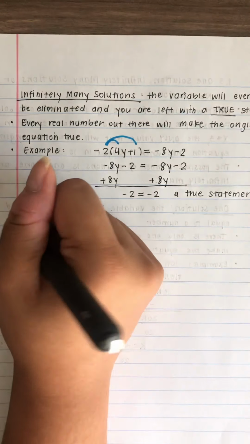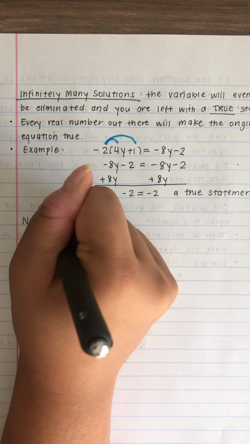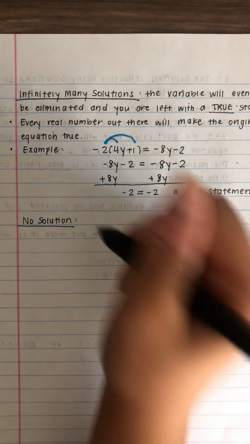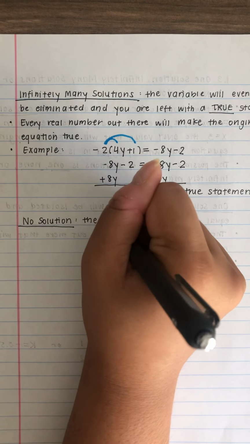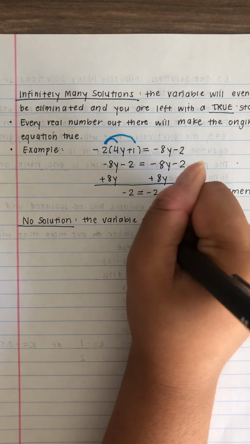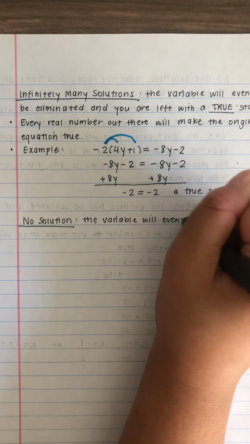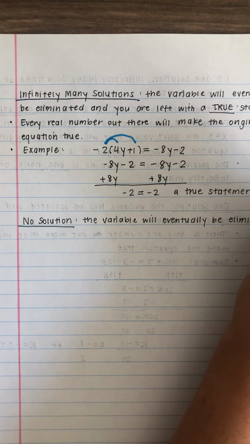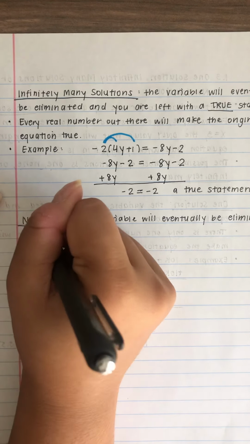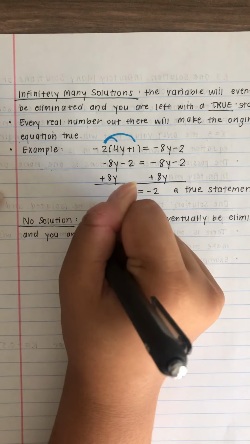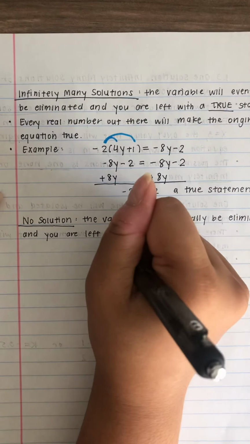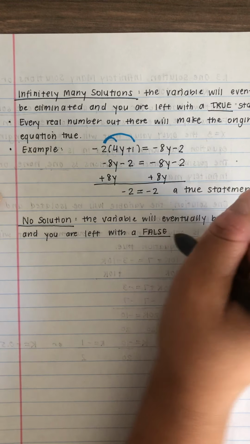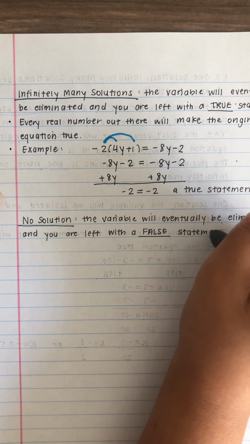Lastly, we're going to look at no solutions and what that means. What happens with no solutions is the variable will also be eliminated eventually. But this time you are left with a false statement.